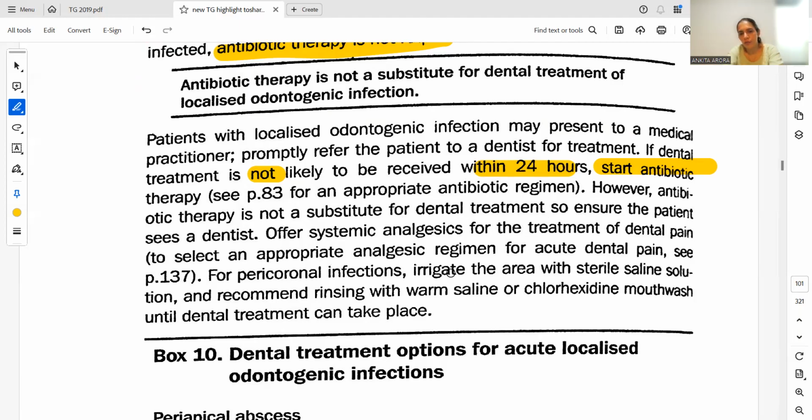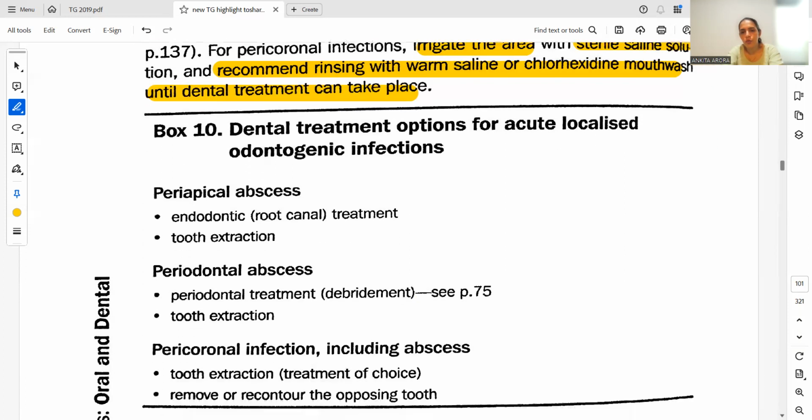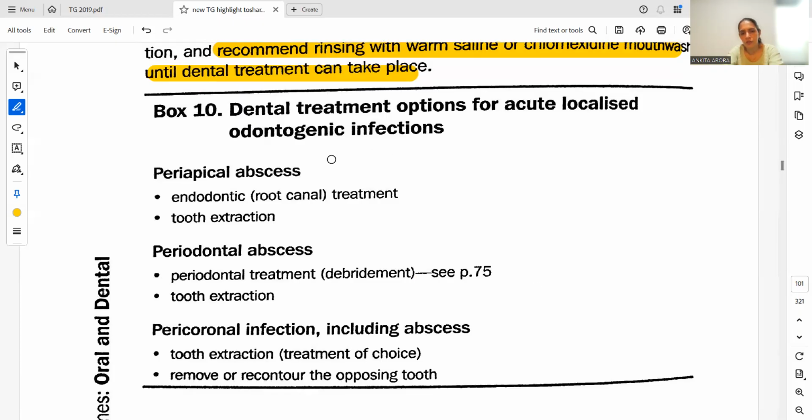For pericoronal infections, irrigate the area with sterile saline solution. Recommend rinsing with warm saline or chlorhexidine mouthwash until dental treatment can take place. Then we have dental treatment options for acute localized odontogenic infections. For periapical abscess: endodontic root canal treatment or tooth extraction.